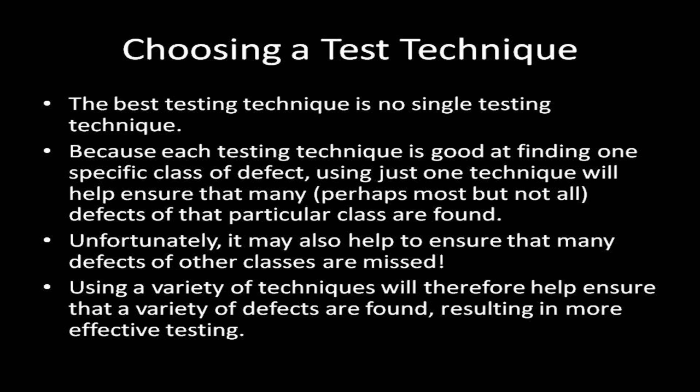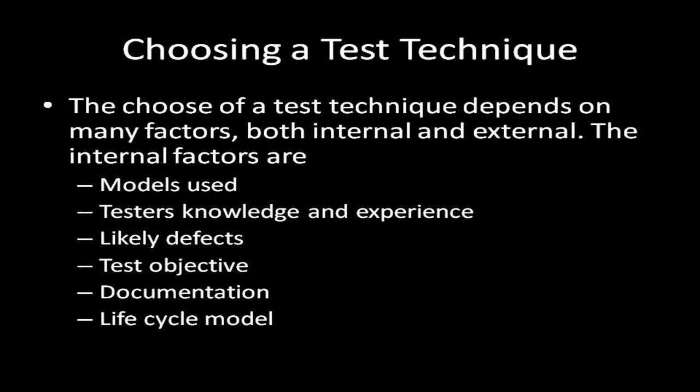Because each testing technique is good at finding one specific class of defect, using just one technique will help ensure that many, perhaps most, but not all, defects of that particular class are found. Unfortunately, it may also help to ensure that many defects of other classes are missed. Using a variety of techniques will therefore help ensure that a variety of defects are found, resulting in more effective testing. So how can we choose the most appropriate testing techniques to use?